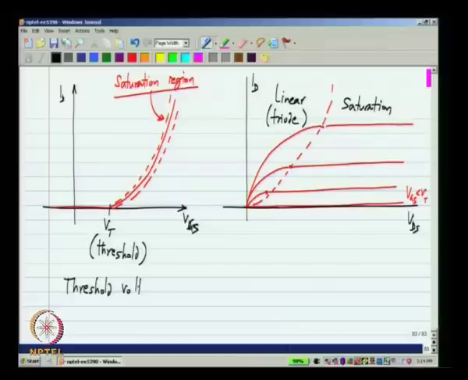Now, one of the things we should keep in mind is that the threshold voltage Vt itself is dependent on VSB, okay, or VBS. VBS is nothing but minus VSB.